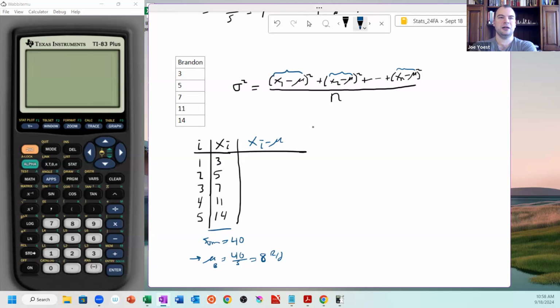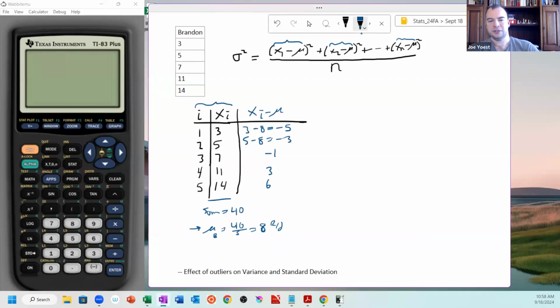I'm just appending a column onto my data set. So I just take, for instance, 3 minus 8 is -5. Or 5 minus 8, -3. 7 minus 8, -1. 11 minus 8, +3. 14 minus 8, +6.